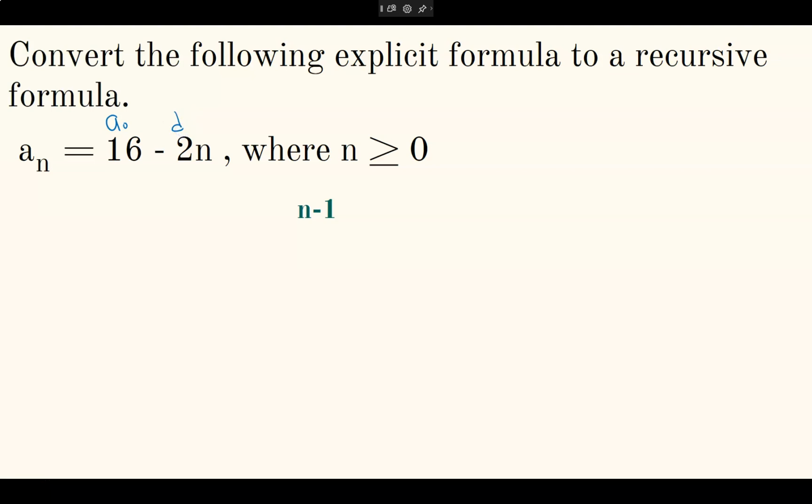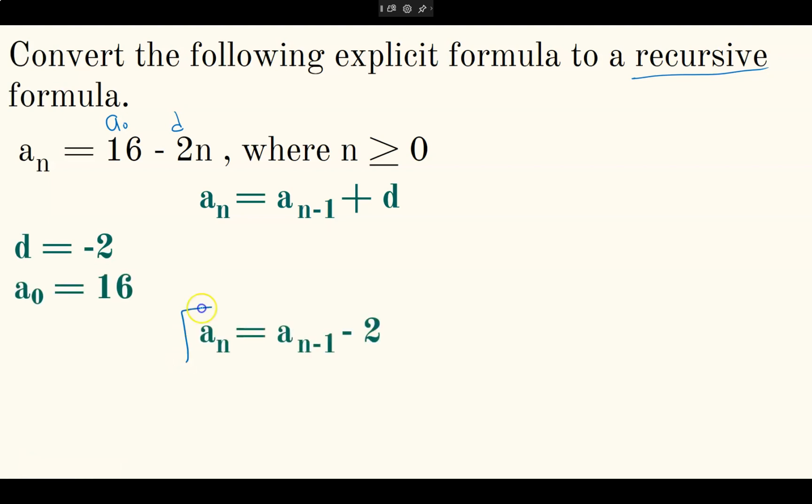Which one of those pieces do I need, one, both, none, to write a recursive formula? I only need the difference. So a sub n equals a sub n minus 1 plus, or I guess it's really going to be minus 2. Like that. Okay, for recursive formulas, all you need is the difference, because with recursive, we use the one before to move forward.